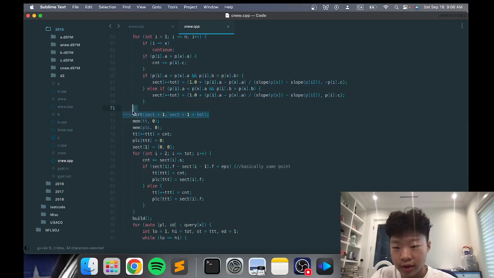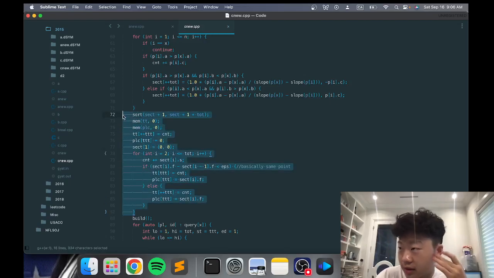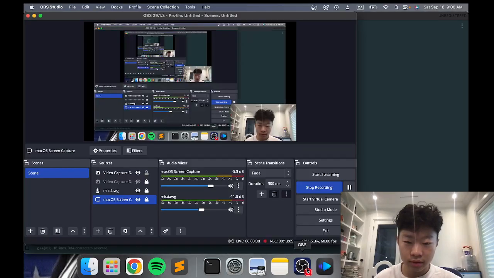Okay, sort the intersections. And in here, basically this is getting rid of overlapping points.